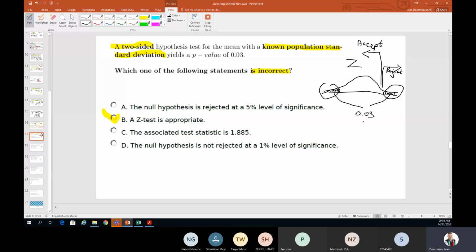Okay, anyone? Okay, so that is the trick question in this paper nearly. So the null hypothesis rejected at the 5% level of significance. The null hypothesis not rejected at the 1% level of significance.